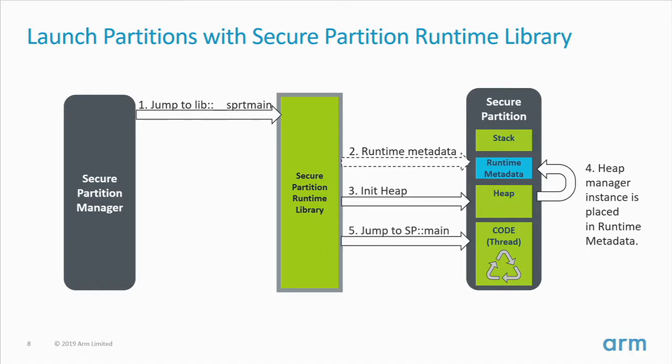And in the next step, the secure partition runtime library will jump to the main interface of the secure partition, which will load the real thread. After that, the SPM needs to catch the program errors if the main thread exits.